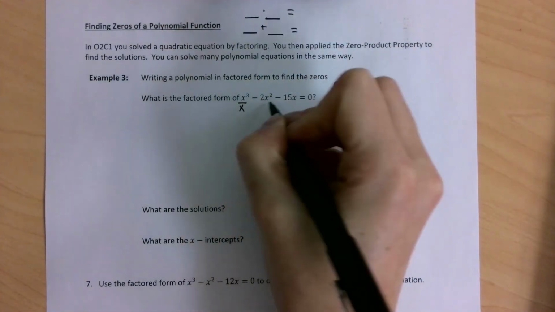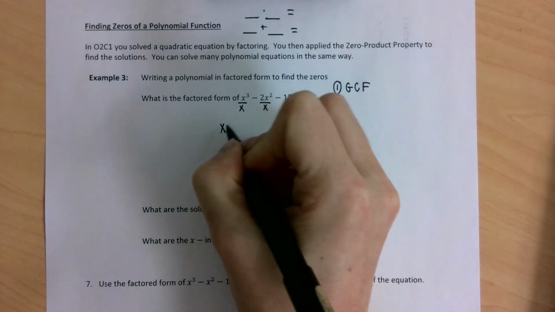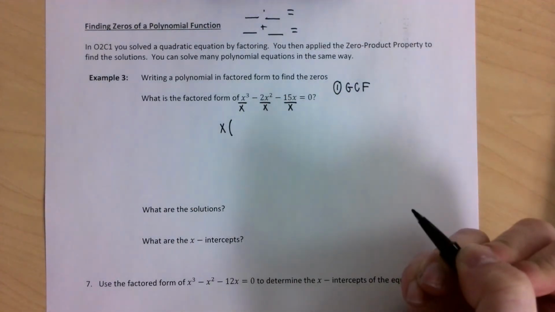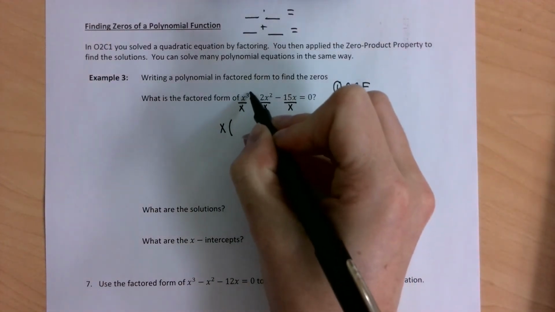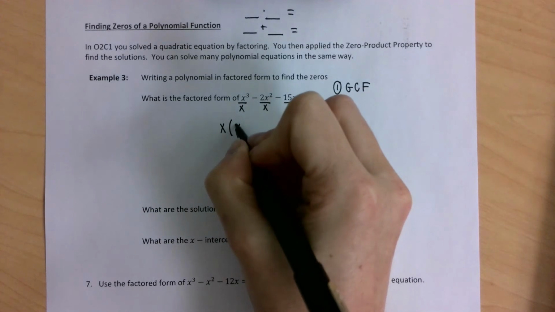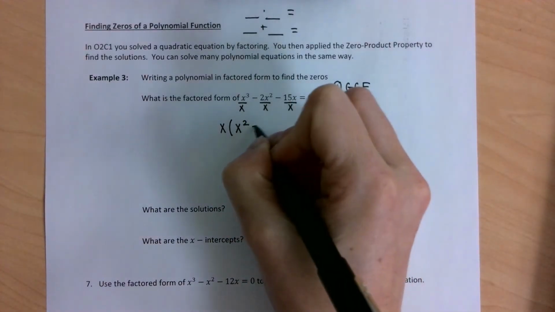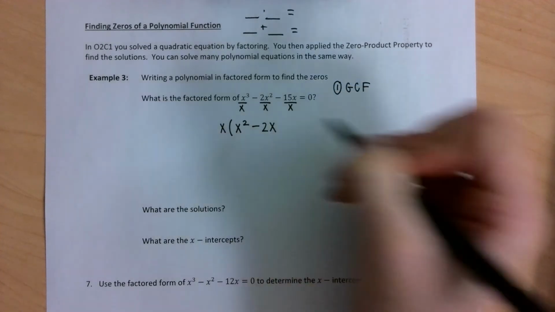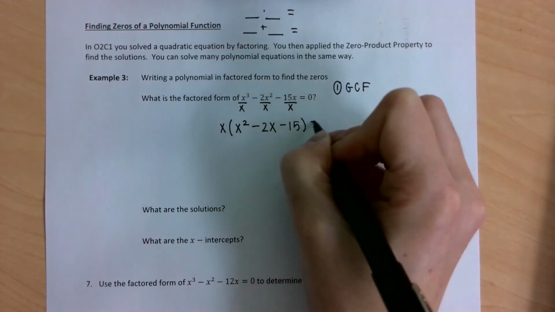So I'm going to go ahead and take out an x. That GCF of x will hang out on the outside. X cubed means I have 3 x's. I took one away, so I'm now left with x squared. X squared becomes just a minus 2x. And this last part should just be minus 15.